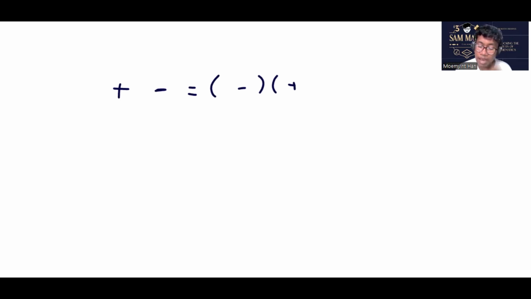And then we determine the middle is positive, so when we combine them, we have to get a positive answer. So the positive one has got to be bigger. I want you to memorize it, okay? It has to be bigger because we want positive in the middle. And for the negative last term, two numbers of different signs multiplying each other will make it negative.